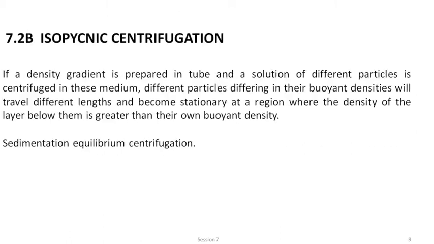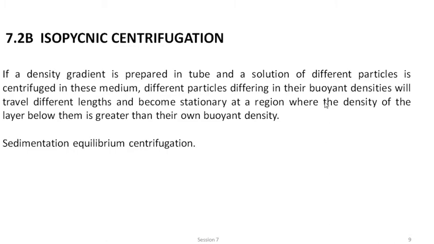So the next part for your syllabus is isopycnic centrifugation. If a density gradient is prepared in a tube and a solution of different particles is centrifuged in this medium, different particles differing in their buoyant densities will travel different lengths and become stationary at a region where the density of the layer below them is greater than their own buoyant density.